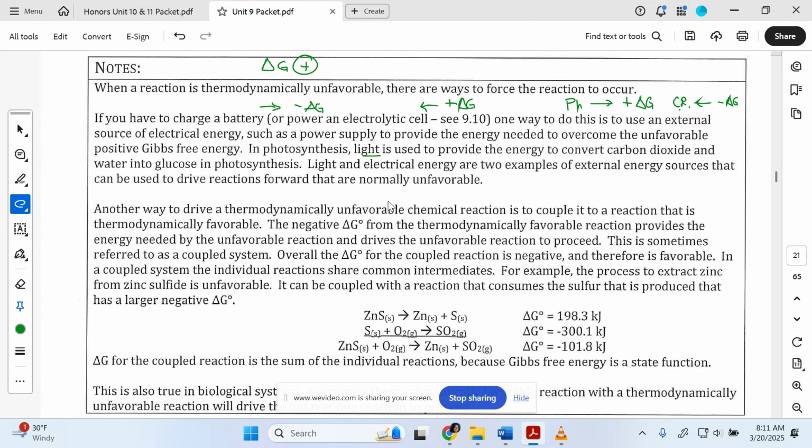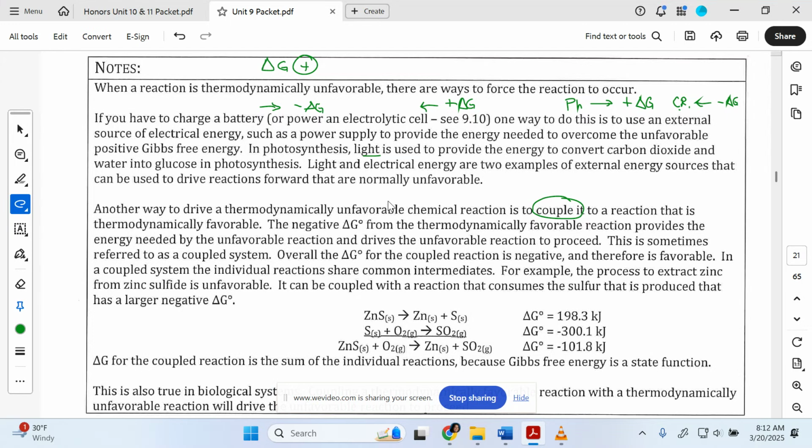Another way to do that is to couple it to a reaction that is thermodynamically favorable. The delta G of the favorable reaction is going to be greater in magnitude than the delta G of the unfavorable one. By coupling them together, it can get the energy from this and use it for its reaction.